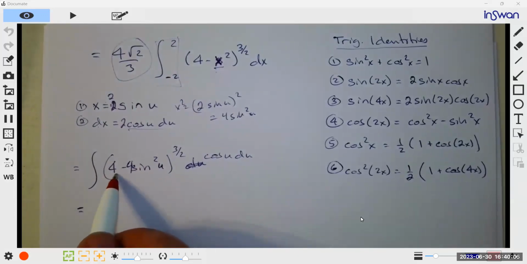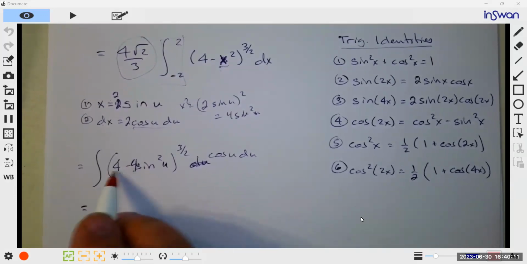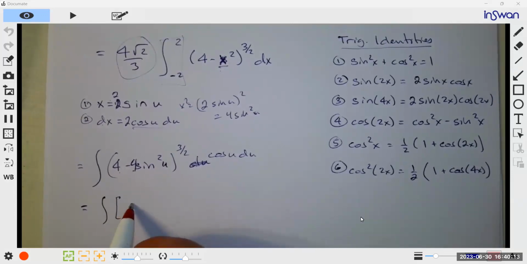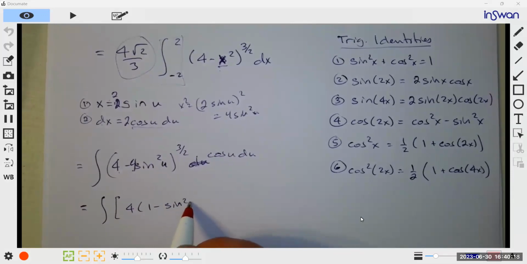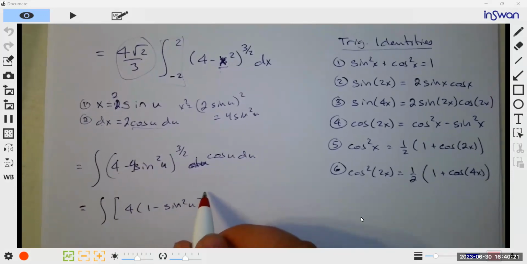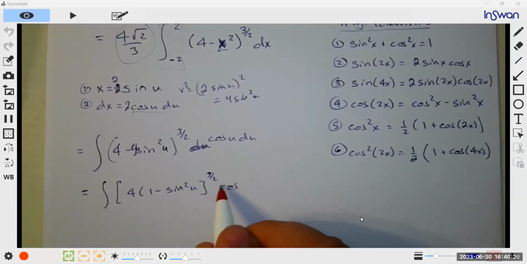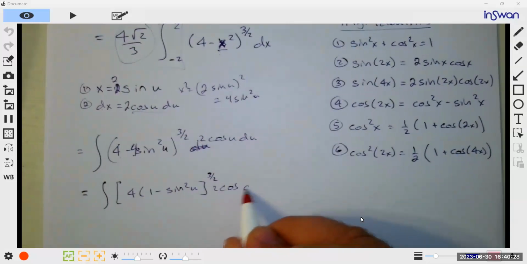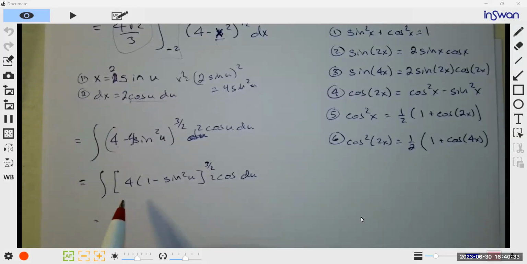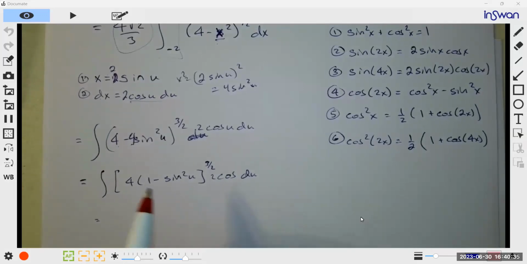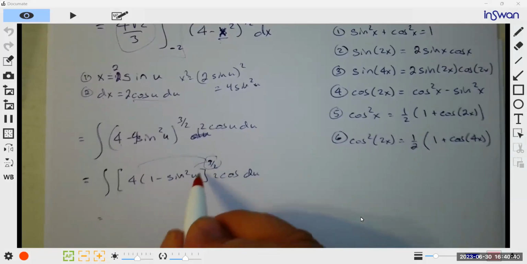All right. So what we can do first is we can factor out the 4. This is all still 3/2. 2 cosine u du. Now we can split these up into 2 separate equations.